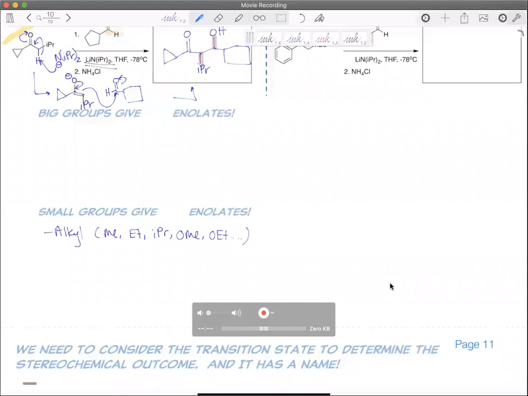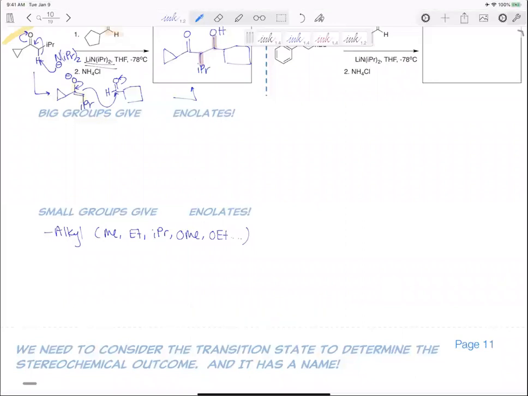And what do small groups give us? They give us E enolates. As you can see, it's always with respect to the oxygen, so don't let that confuse you. It's anti, and what we have as a result is the anti-product.